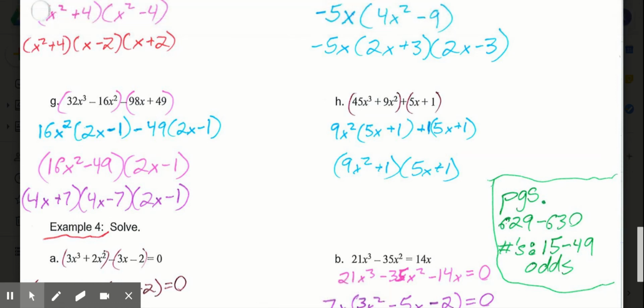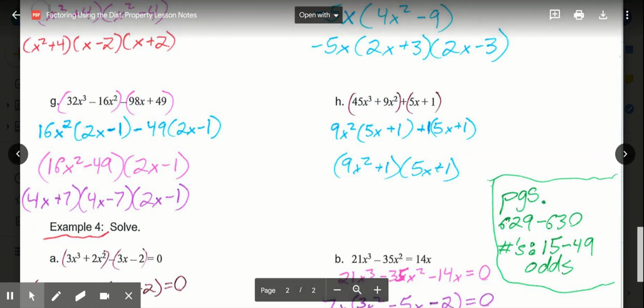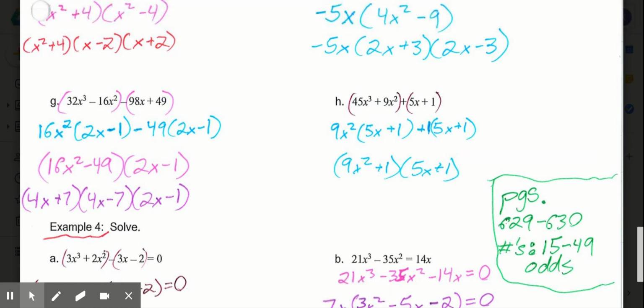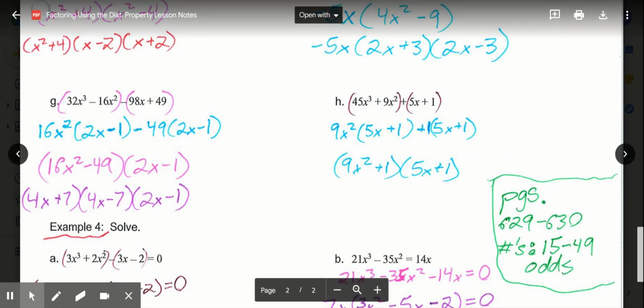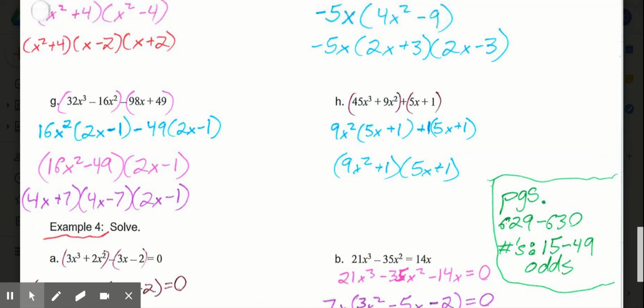Same thing looking at H. After we factor it and group it, we want to check these last terms, 9x squared plus 1 and 5x plus 1, to see if they can be factored any further. In this case, they can't, so we're done.